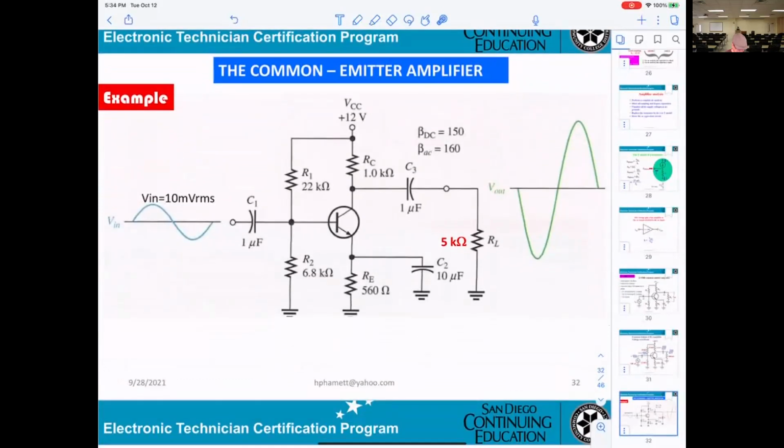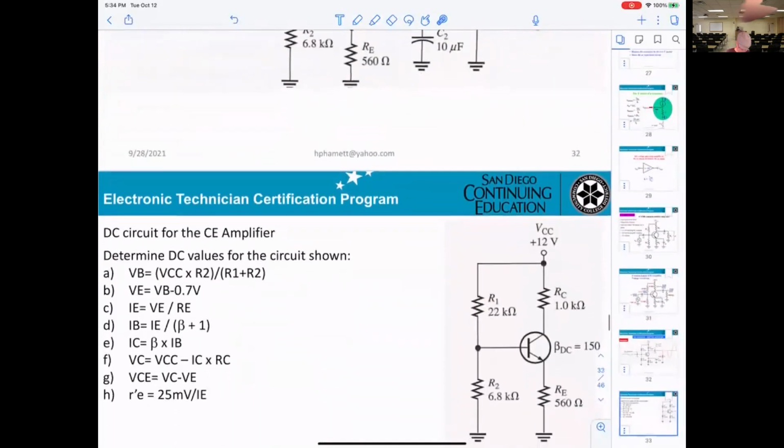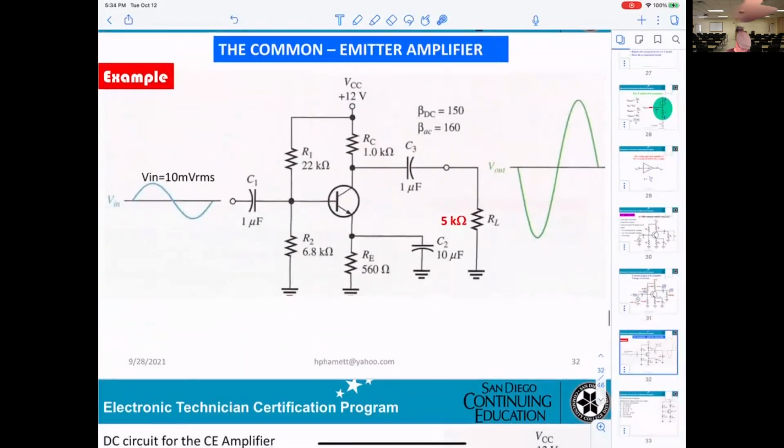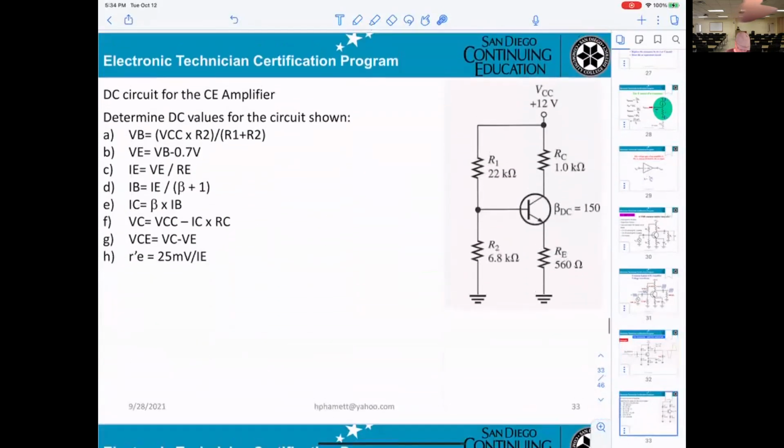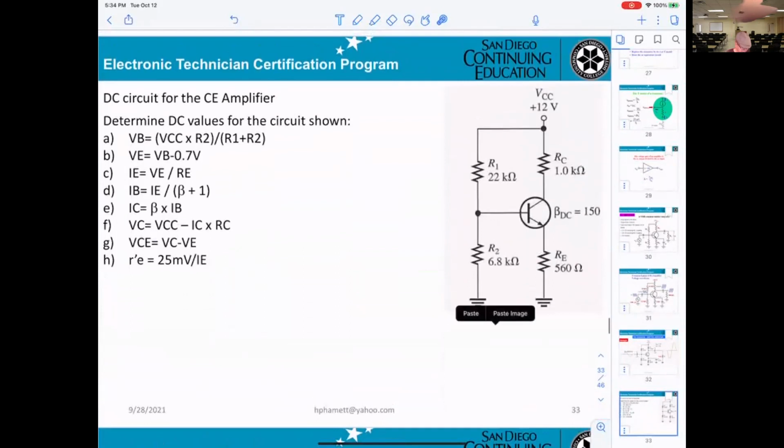Okay, that's the common emitter. And now, what they want to do is your calculation. Now, who is done with this calculation?